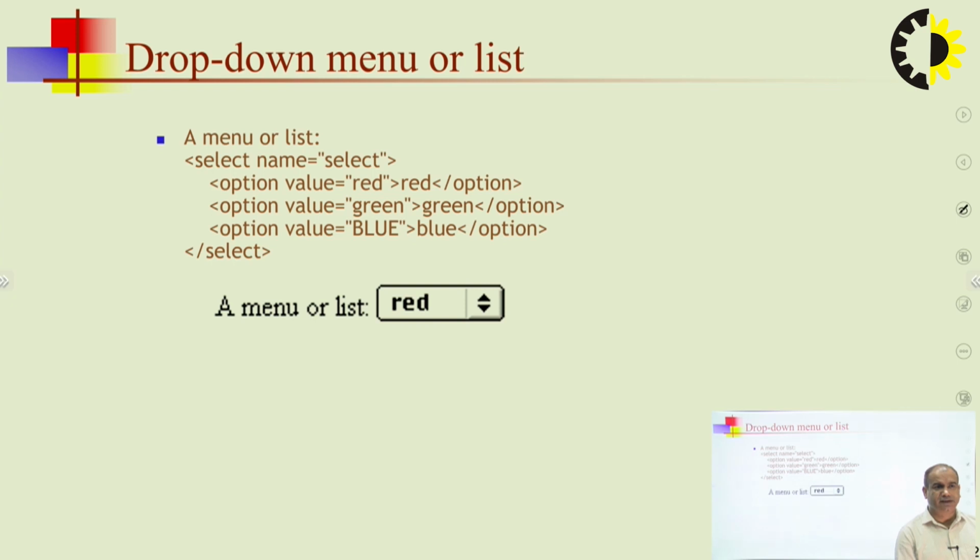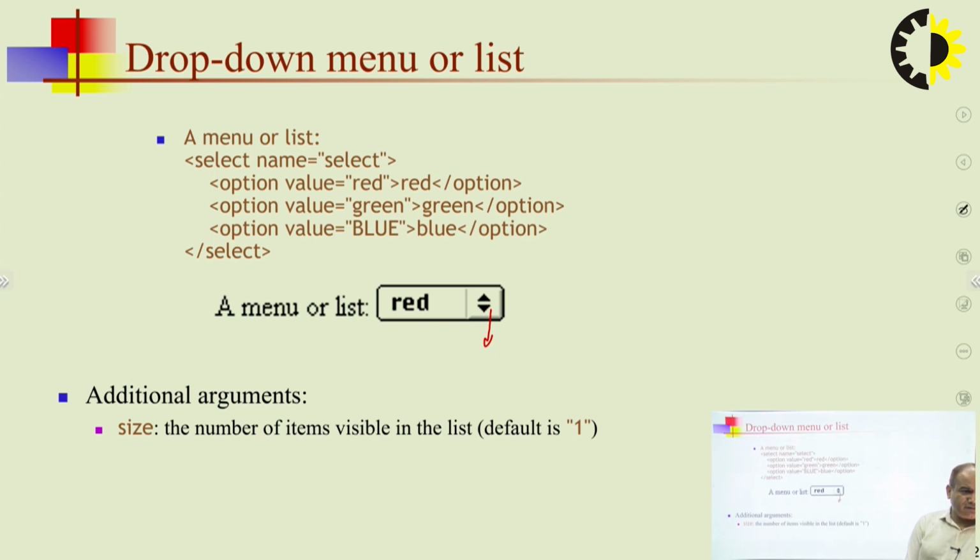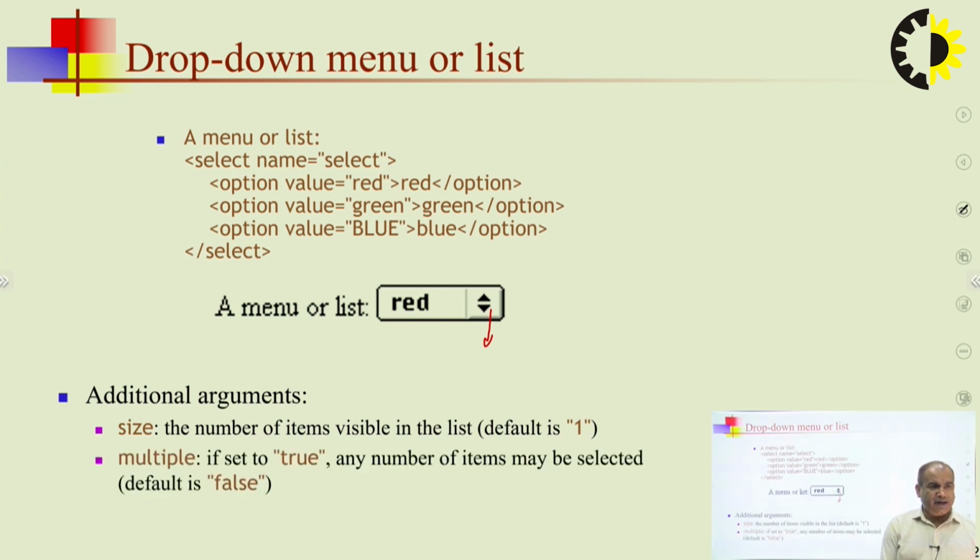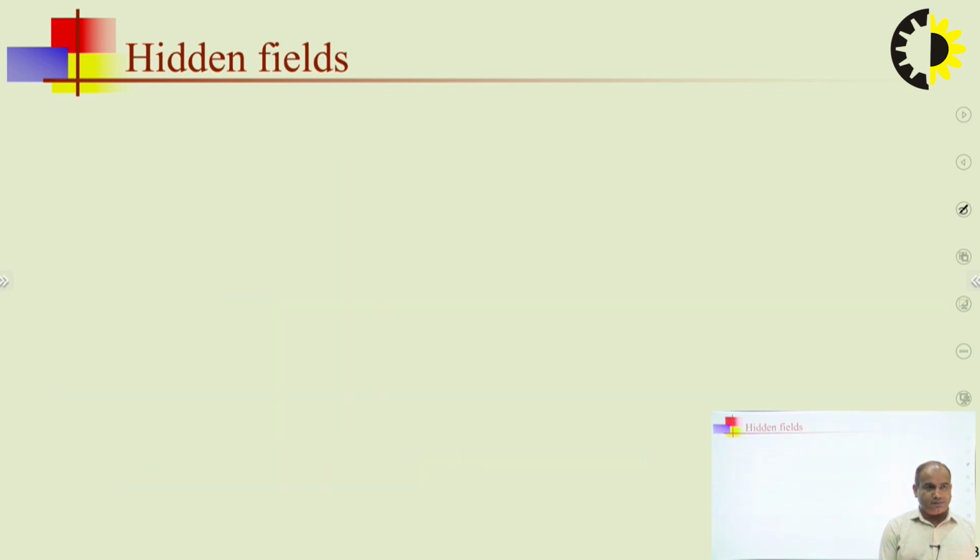You will see the result: a list with red, green and blue will appear. As an additional argument, we can give size, the number of items visible in the list. The default is 1. Multiple, if set to true, allows any number of items to be selected. By default it is false.